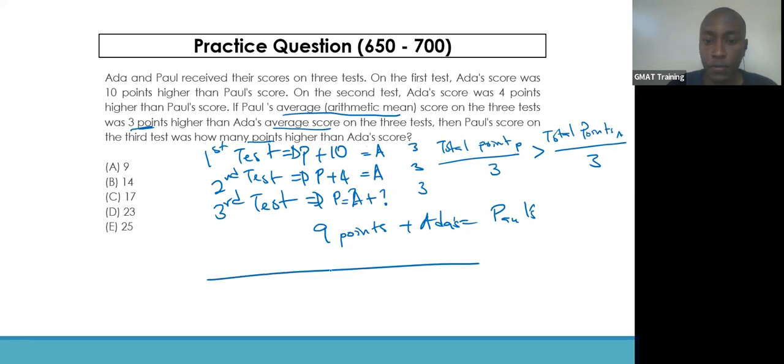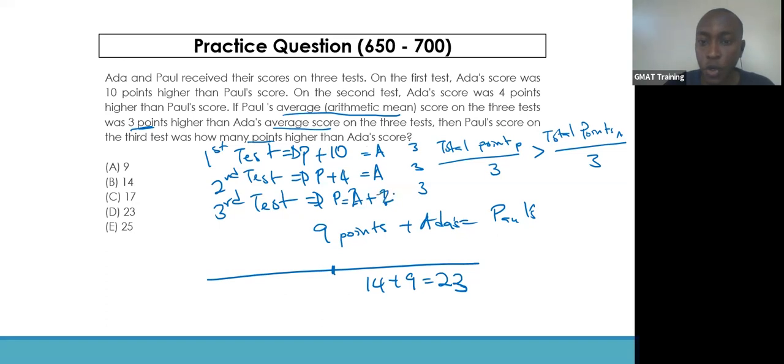So that you can pull this mean to where it's supposed to be and have Paul scoring better than Ada, you'll have these 14 points that Ada scored plus this 9 points. So you can have 23 points that Paul scored in the third test more than Ada.